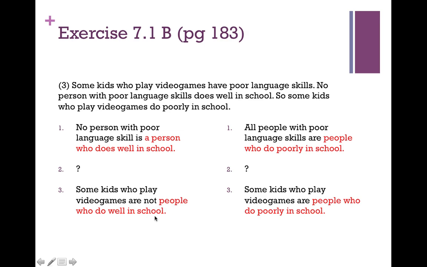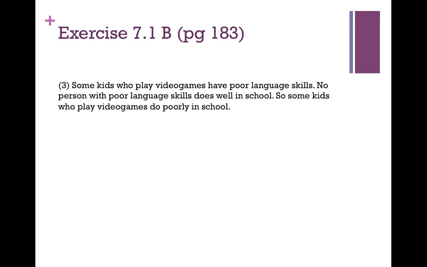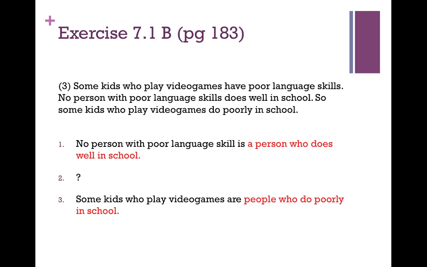So I hope this isn't too complicated. I feel like I went over that a little quickly, and I got out of order a little bit there myself. But I want to back up so you can understand this. The point here is that the major term is people who do poorly. And the problem we have is that the predicate here is not the same as the predicate here. The two classes are not the same, and we need to fix it.